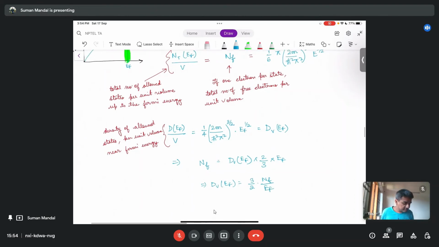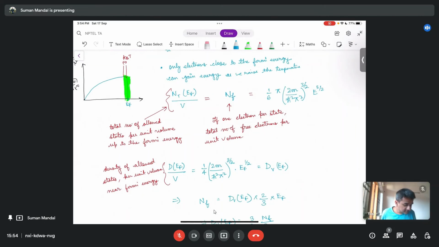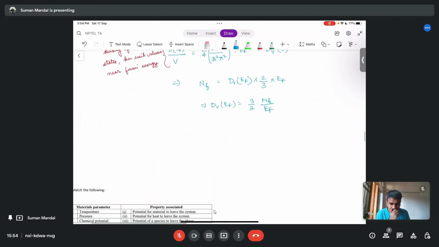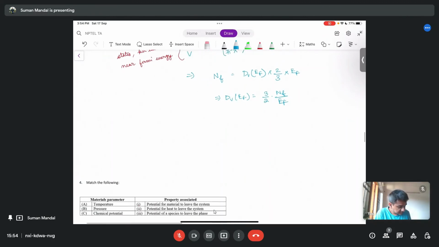And now we have found the density of states, and to calculate how many electrons are there, we can just multiply by kBT. So the total number of electrons participating. If the temperature is T Kelvin, the energy is kBT, the thermal energy. I will just write down what I have said till now.